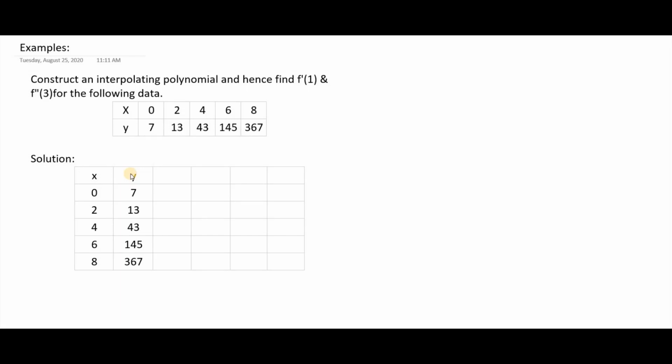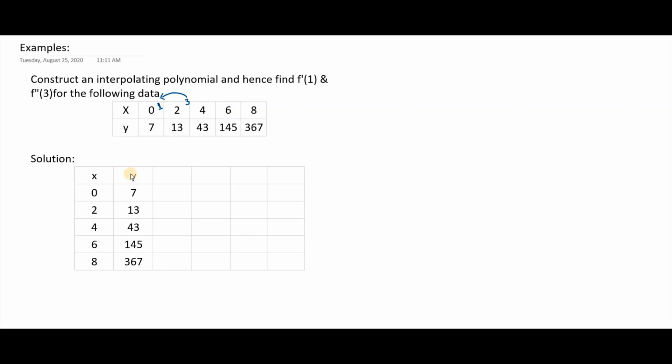In this example, we have to find the value of f dash 1, and 1 is nearer to the first value of x. Similarly, f double dash of 3 is also nearer to the first value of x, because towards the right hand side we have 3 values and towards the left hand side we have two values.